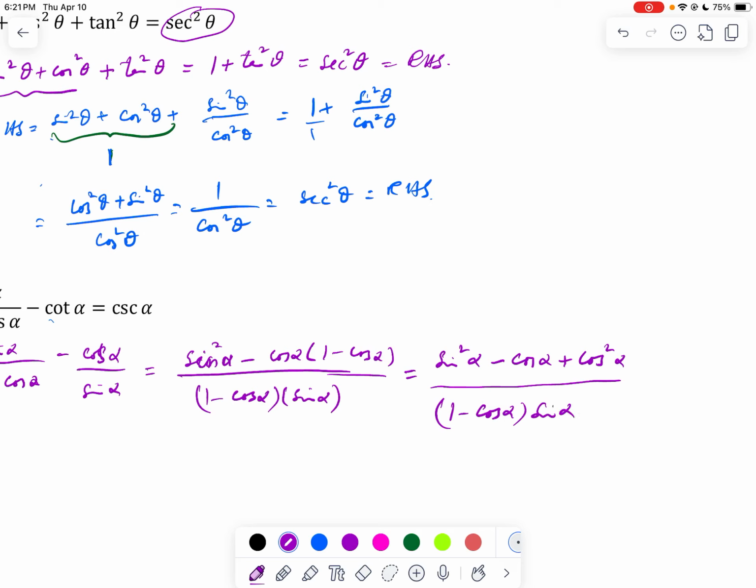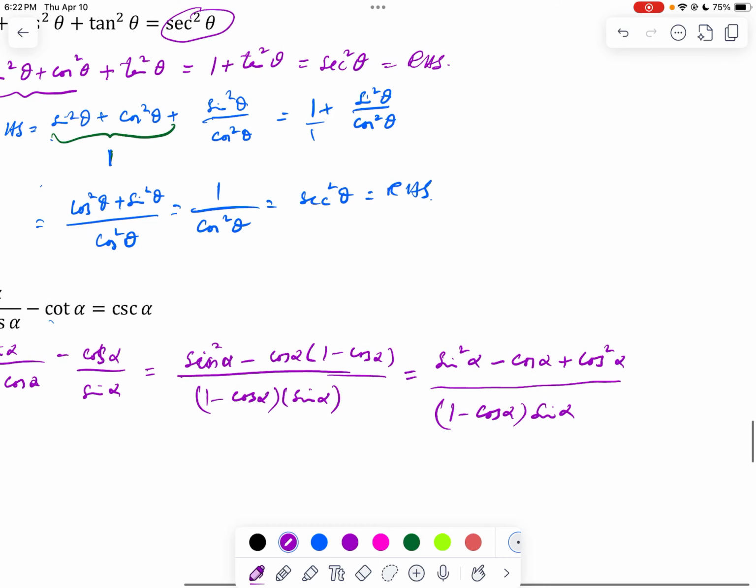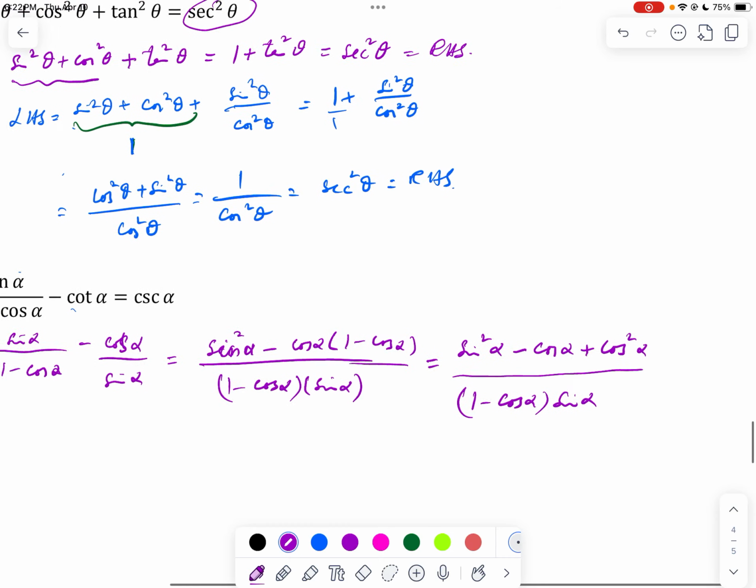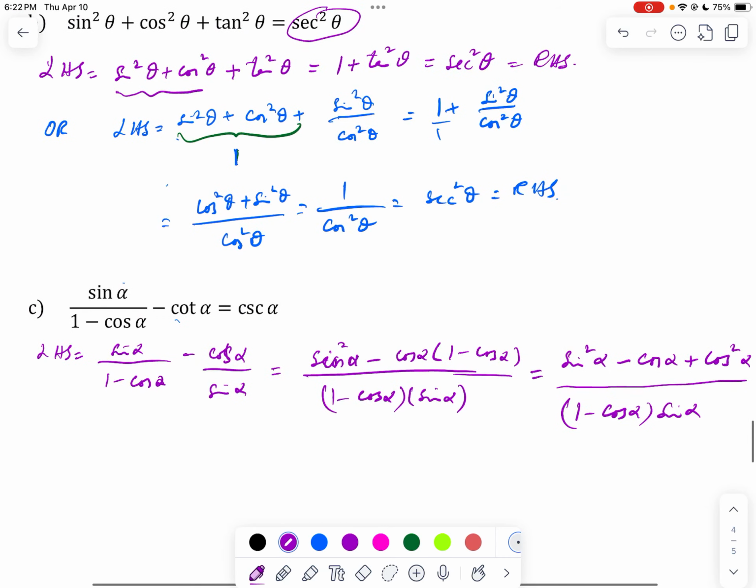Okay, so we get this. Now note here again, we can rewrite this expression as sine square alpha plus cosine square alpha minus cosine alpha, whole divided by 1 minus cosine alpha times sine alpha.